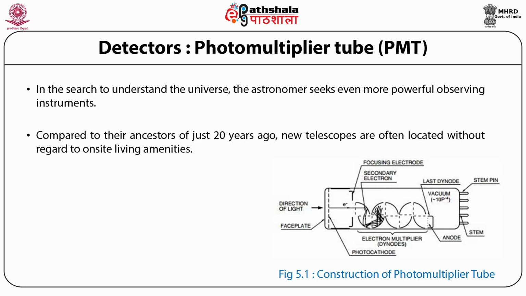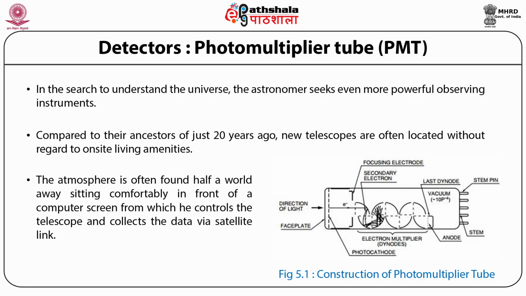Compared to their ancestors of just 20 years ago, new telescopes are often located without regard to on-site living amenities. Rather, the controlling factors are the maximum number of clear nights and a calm, transparent atmosphere. The astronomer is often found half a world away, sitting comfortably in front of a computer screen from which he controls the telescope and collects the data via satellite link.